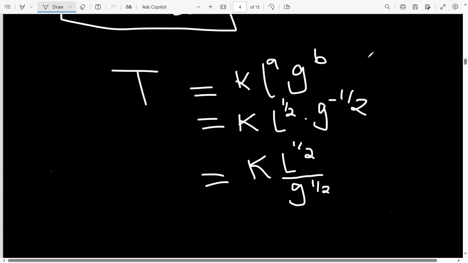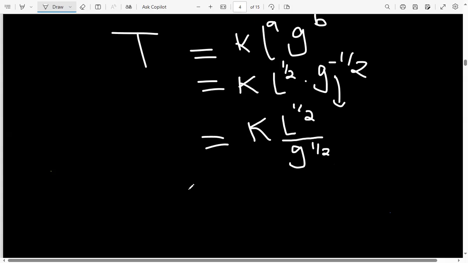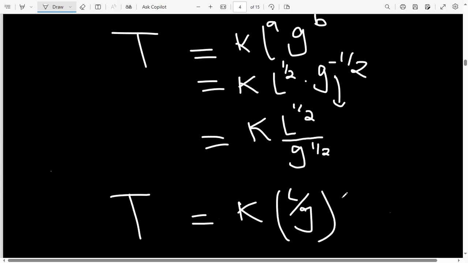From here, we see that we have a common power on this L and on this g. So we are going to factorize that power. So T is equal to K, and then L over g, and then the power will be outside, power half.